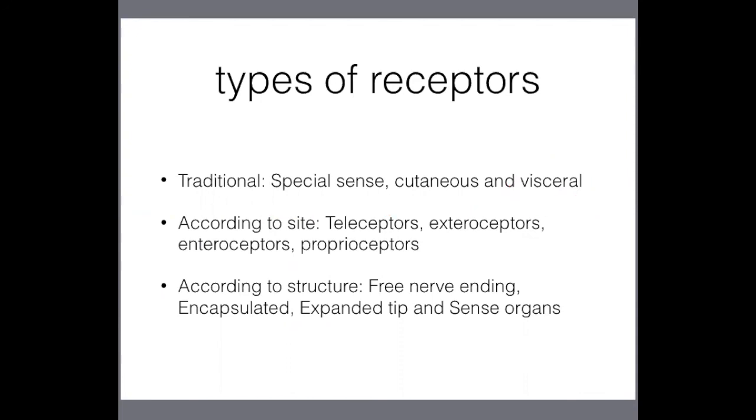According to the site, the receptors are basically for anything that's a distant event. For example, vision is a telereceptor. We call them telereceptors because the stimulus is not actually touching you, you just see something far away. Then exteroceptors, which are anything in the immediate external environment, for example touch, pressure, temperature.